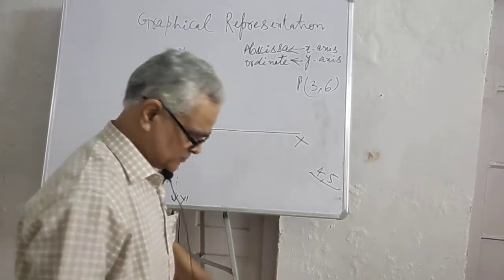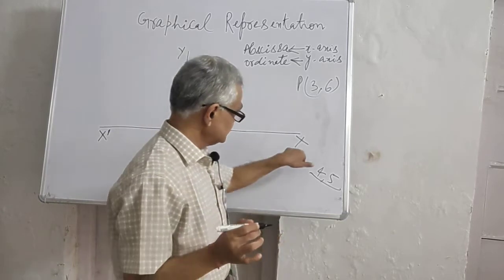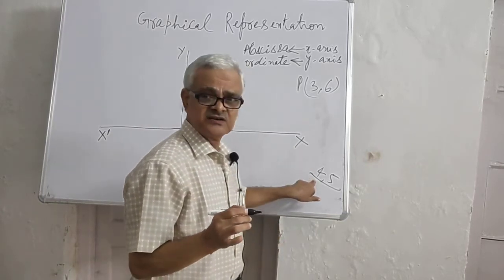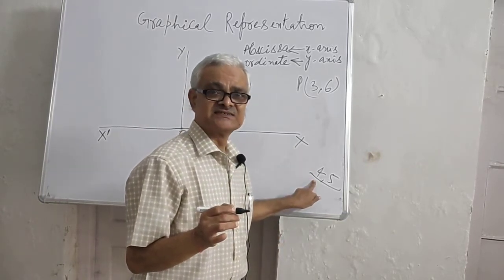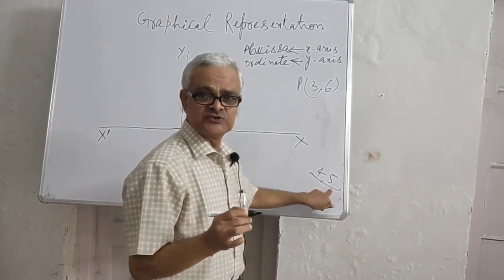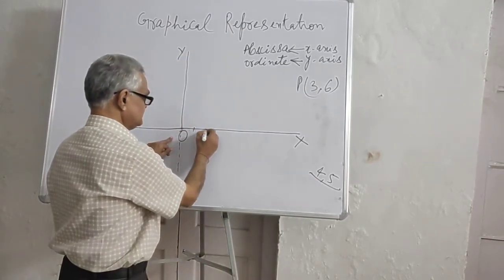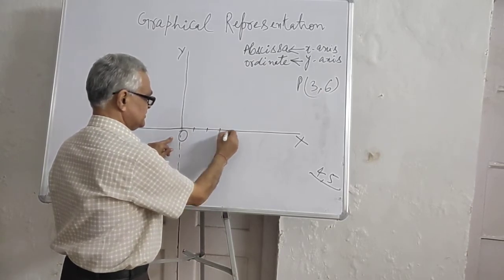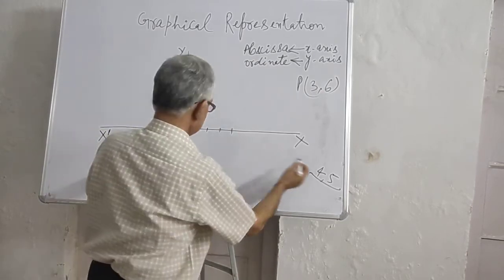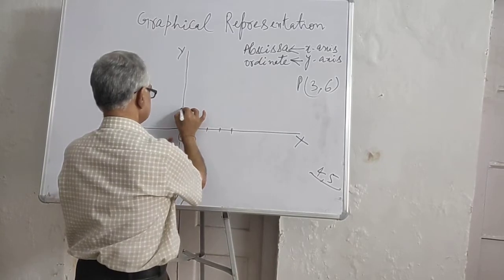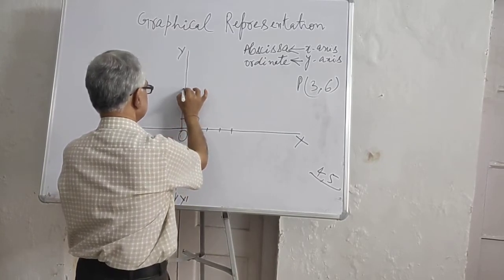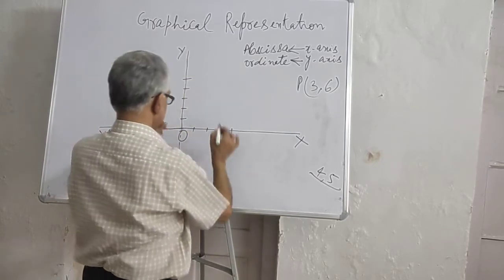So we have to locate a point in the coordinate system, that is 4 5. As we have already told just now that this 4 is related to x-axis and this 5 is related to y-axis. So 1 2 3 and 4. 1 2 3 4 and 5.